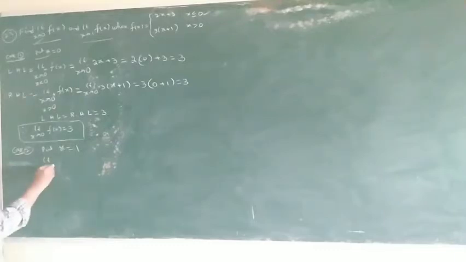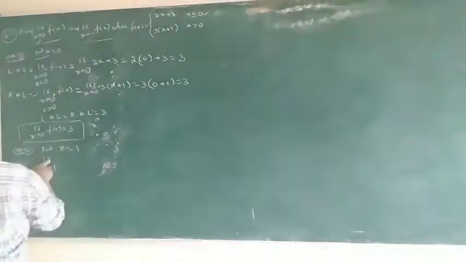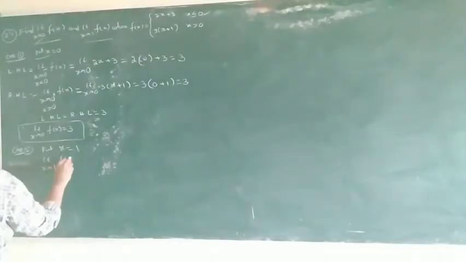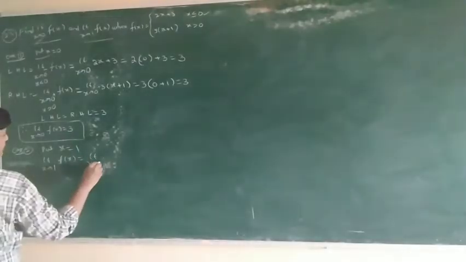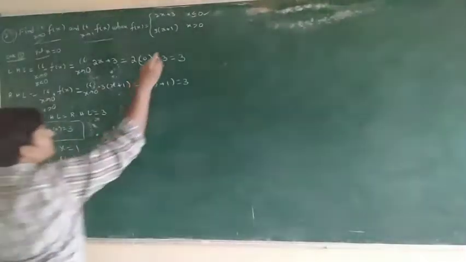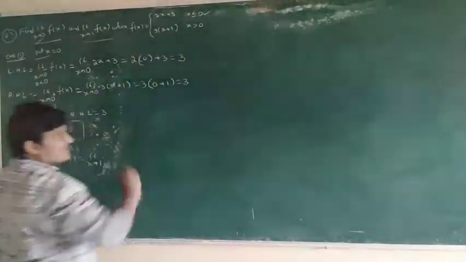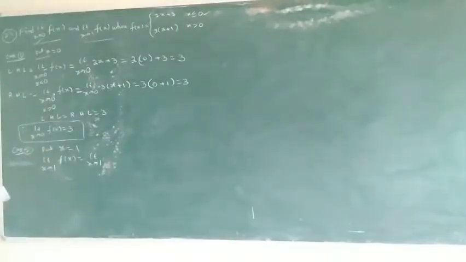Here x is equal to 1, where? Which one has x equal to 1? X greater than 0. Limit x tends to 1, f of x. X greater than 0 means what? X greater than 0 means x greater than 0.